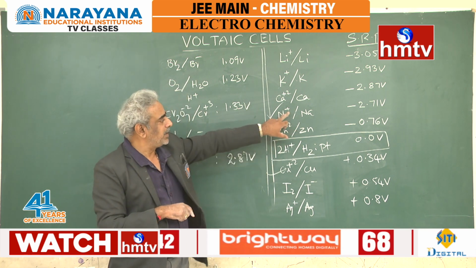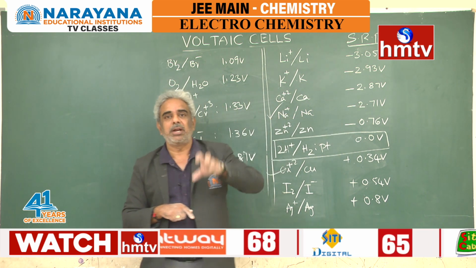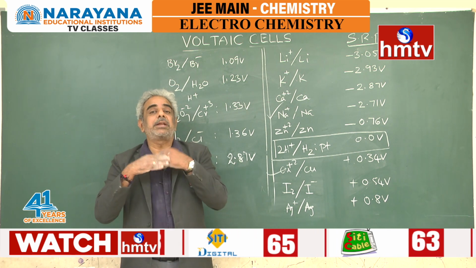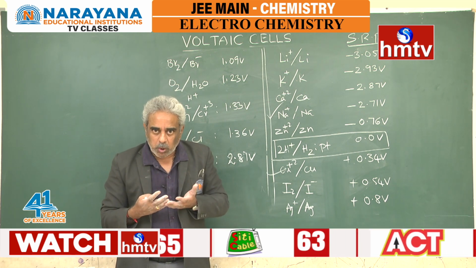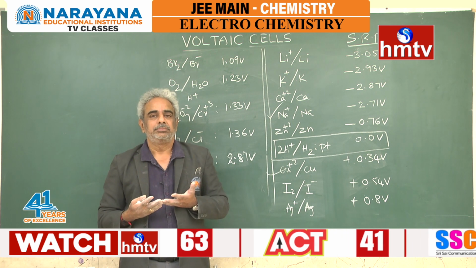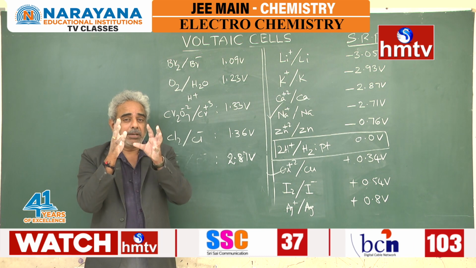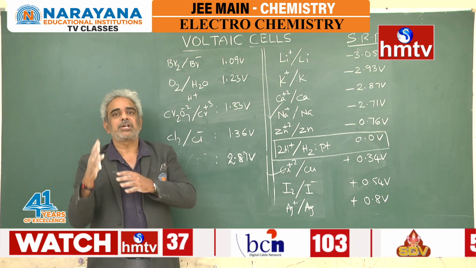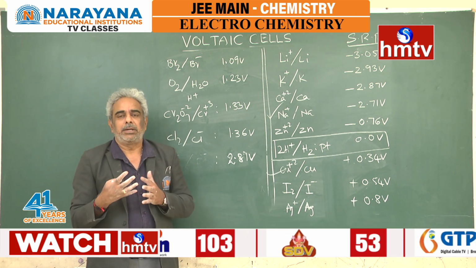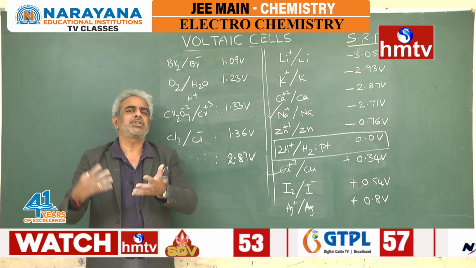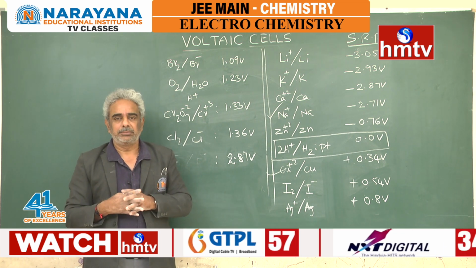A metal with negative reduction potential has greater tendency to undergo oxidation. That's what we expect from a metal. So a metal with a negative reduction potential is a better metal, and more negative reduction potential is still better.